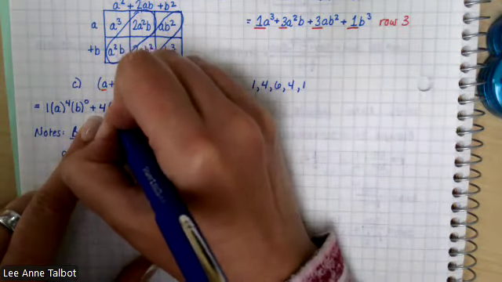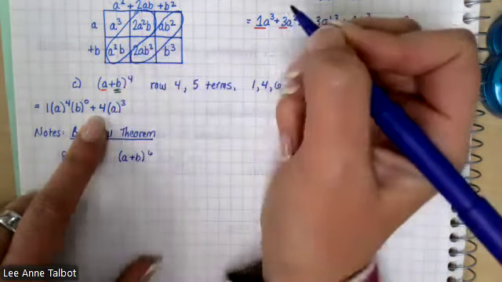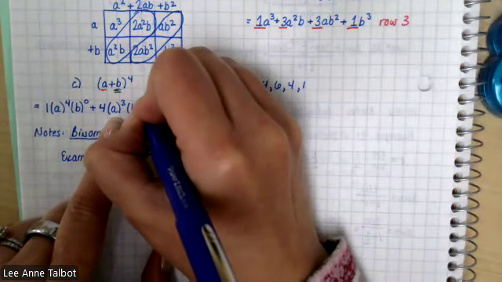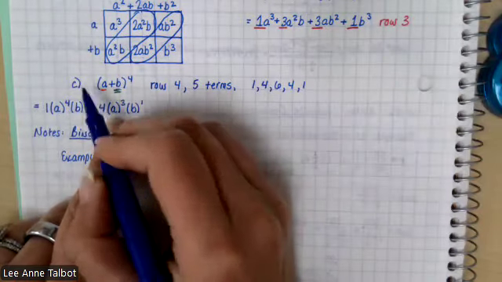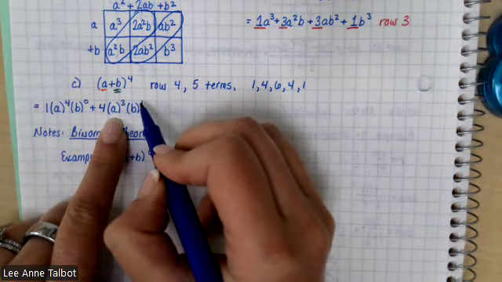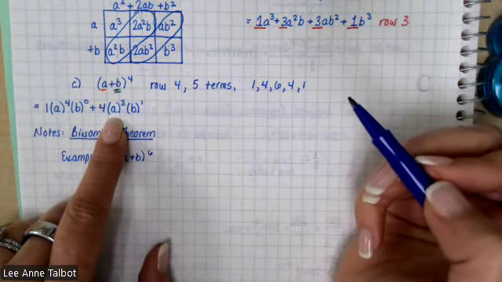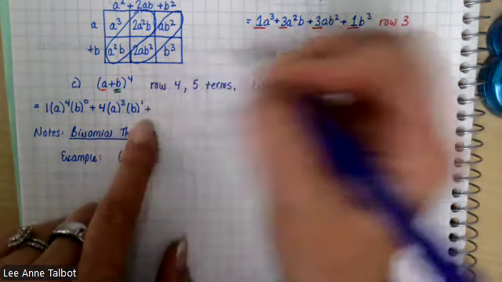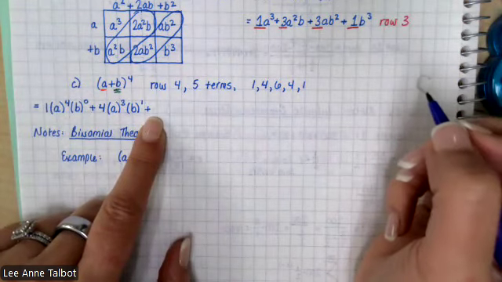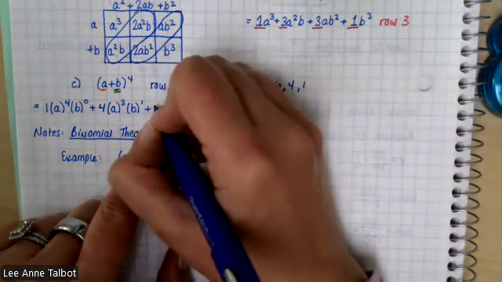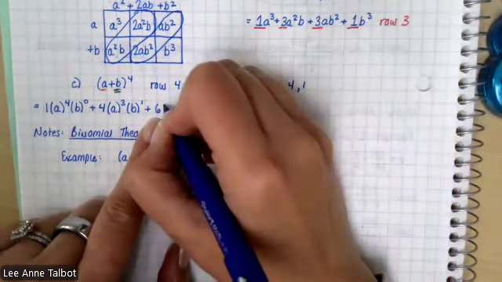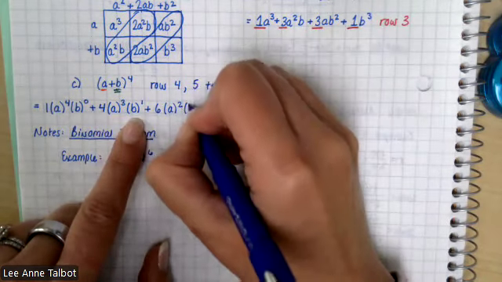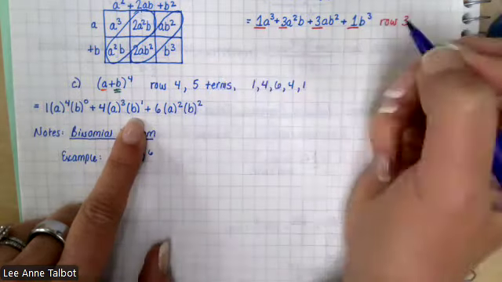So the front seat goes down a power, and the back seat goes up a power. Notice each of the powers has a total of 4. Plus. What's the next leading coefficient? 6. Front seat, down a power. Back seat, up a power.